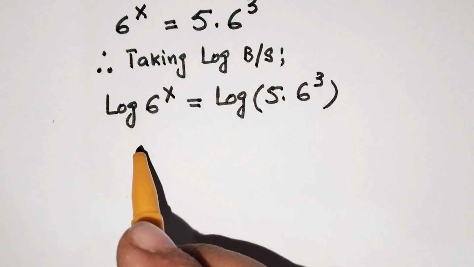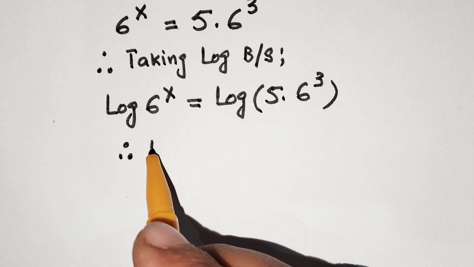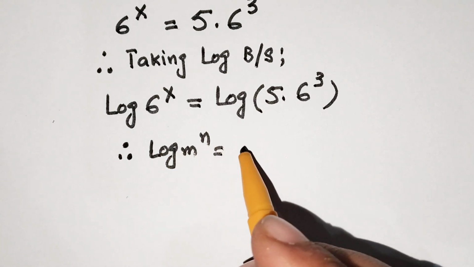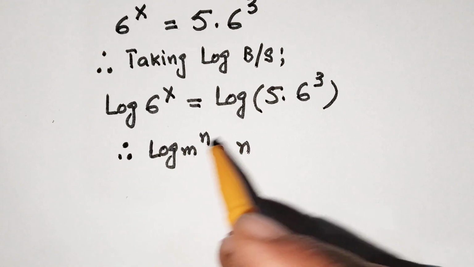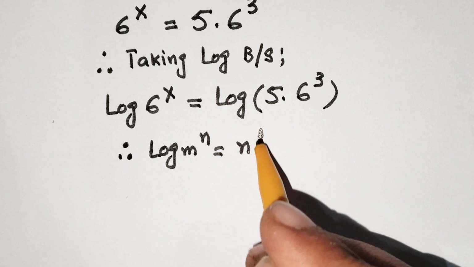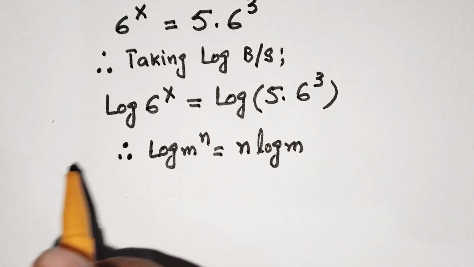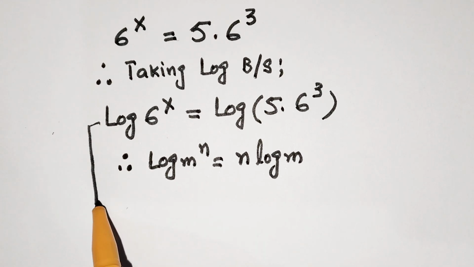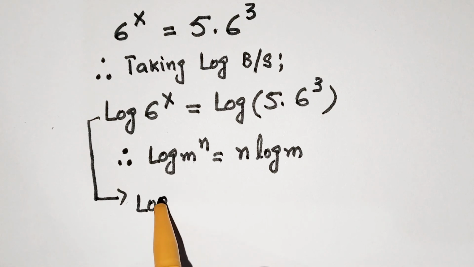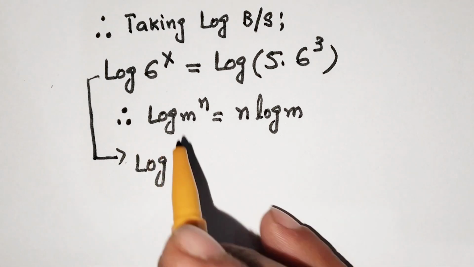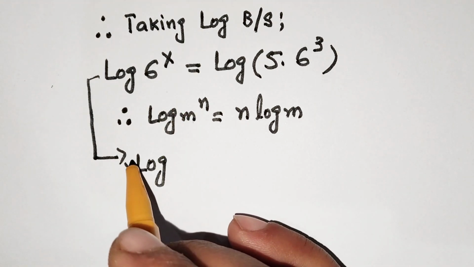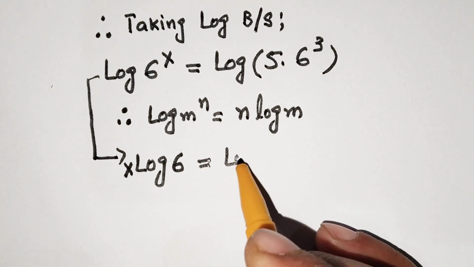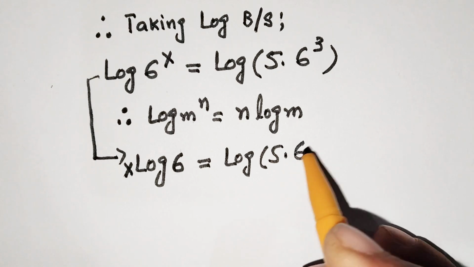As we know, log m to the power n can be written as n log m, the exponent coming in front of the log. Putting this in the above equation, x comes in front, so x log 6 is equal to log of 5 times 6 to the power 3.